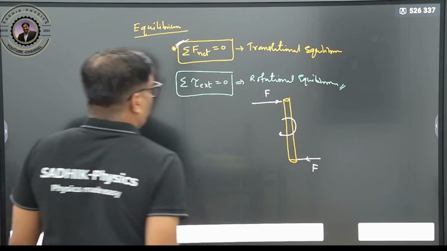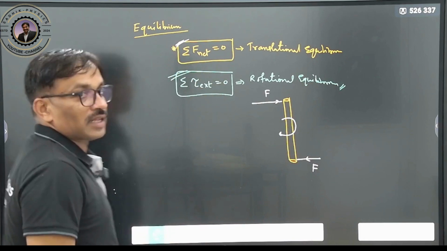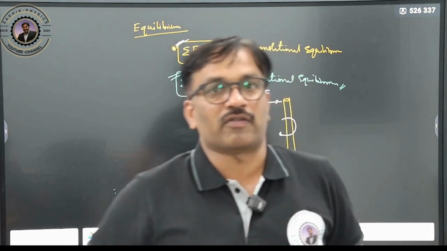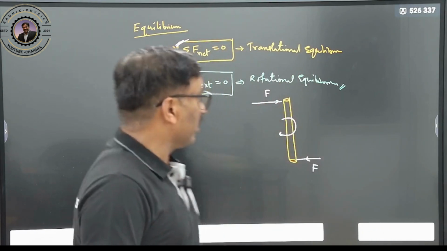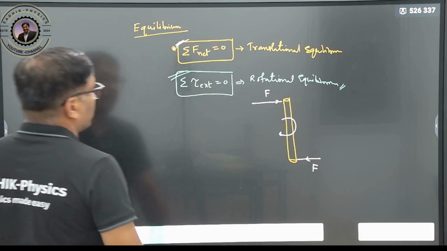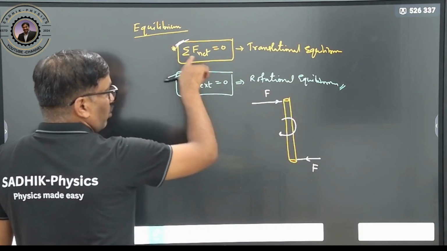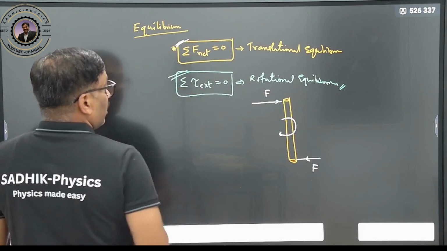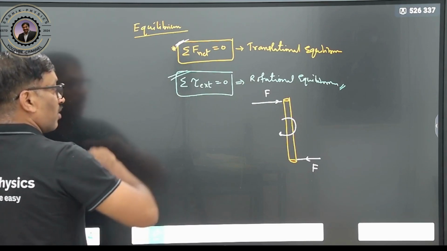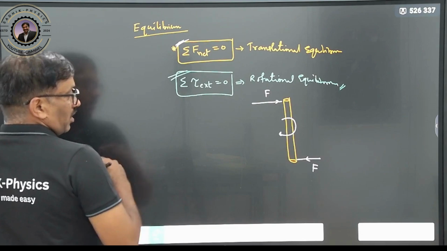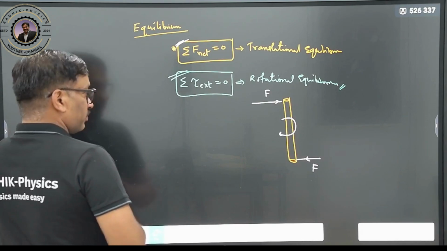So if both translational equilibrium and rotational equilibrium are there, then the object is said to be at equilibrium. That means total net force should be equal to 0, and total torque should be equal to 0. That means clockwise torque and anti-clockwise torque should balance.